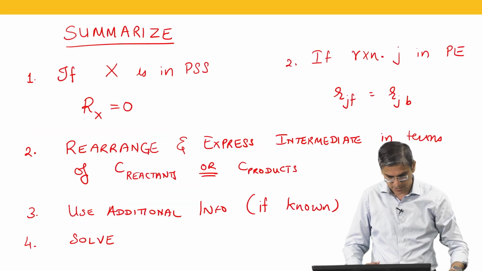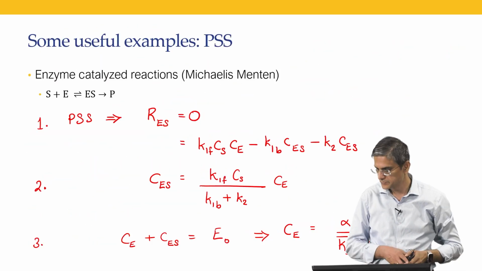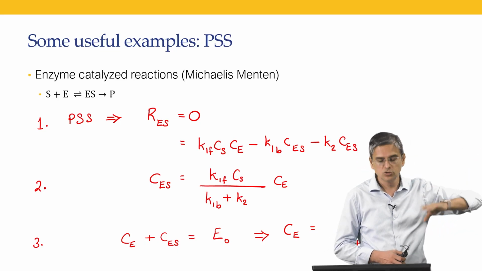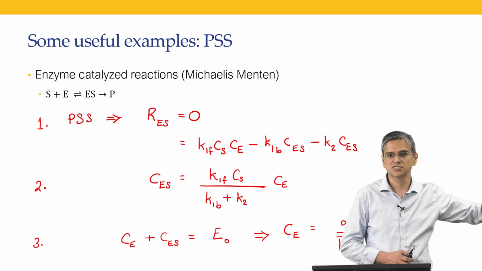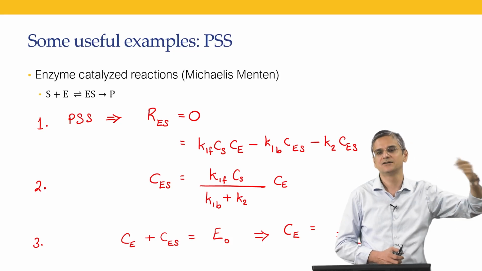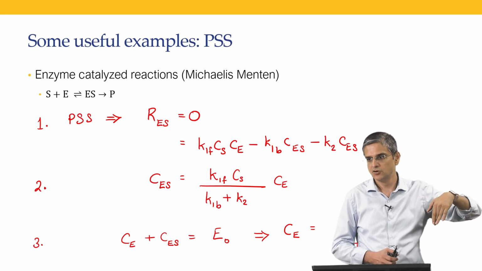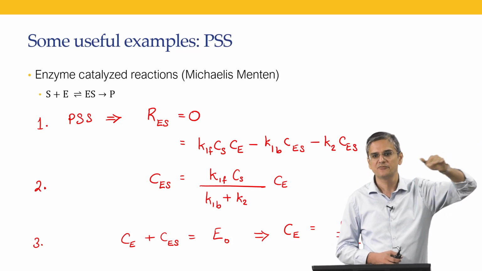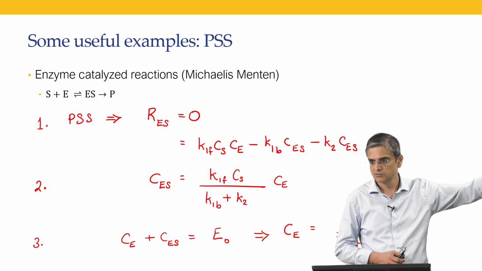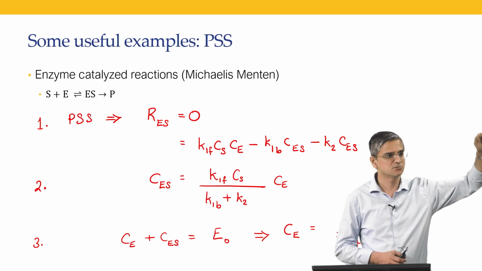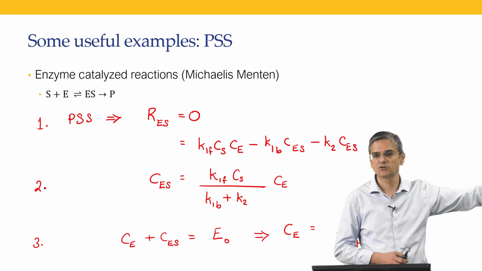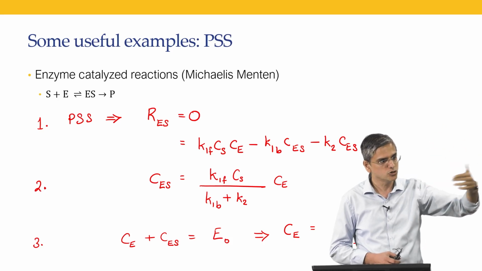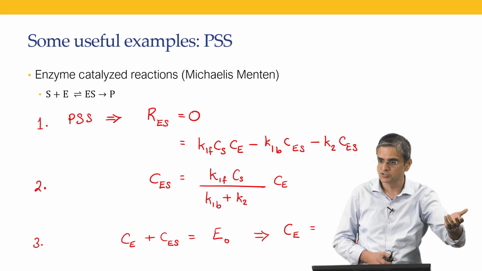But in the case that we are showing over here, you cannot use a partial equilibrium assumption and a pseudo steady state assumption. Partial equilibrium assumption already tells you R1F minus R1B equal to 0. Pseudo steady state assumption will say R1F minus R1B plus R2 equal to 0. If you are using both those assumptions, that will give you R2 equal to 0.